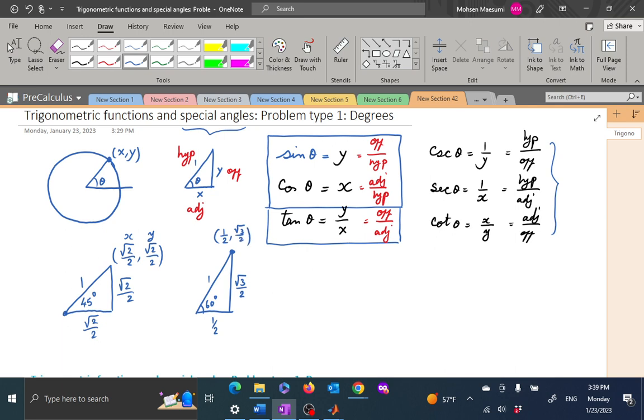If you turn this thing around, just the numbers change their place, but it is the same triangle. So if you draw it like this, you don't need to memorize it all over again. You think about this as the 30 degrees. This is 1/2. This is radical 3 over 2. And this is 1. Coordinates of this place are going to be radical 3 over 2 and 1 over 2.